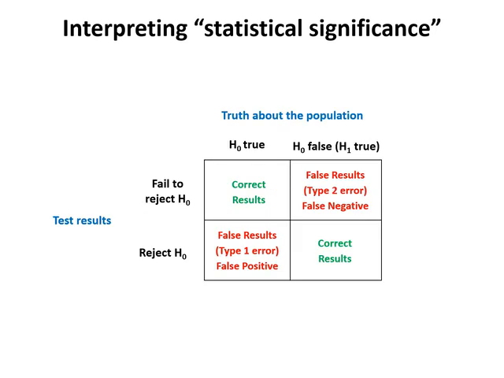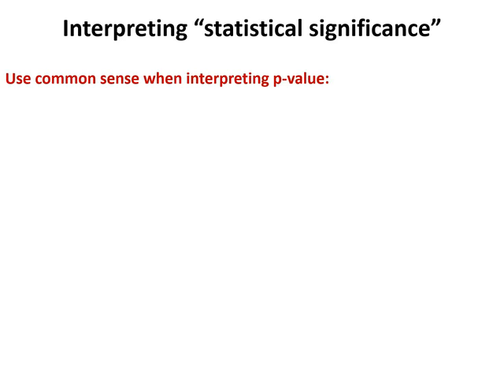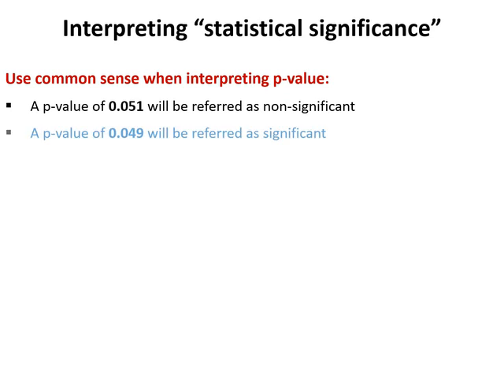Always remember that you have two types of error, type 1 and type 2. Therefore, your results are not absolute. You always have a degree of error. Also use common sense when interpreting your p-value, because a p-value of 0.051 is referred to as statistically non-significant, while a p-value of 0.049 is referred to as statistically significant.